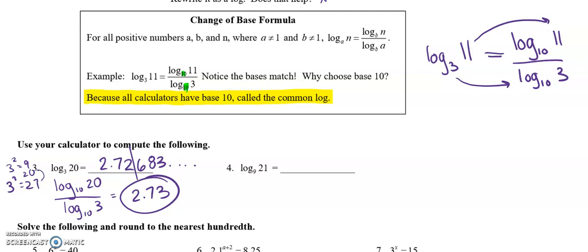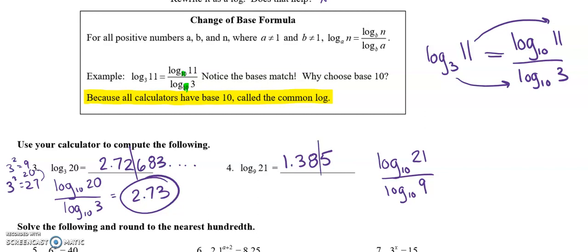All right, let's try the next one. We'll rewrite log base 9 of 21 as log base 10 of 21 over log base 10 of 9. When we do that on our calculator, we get 1.385.